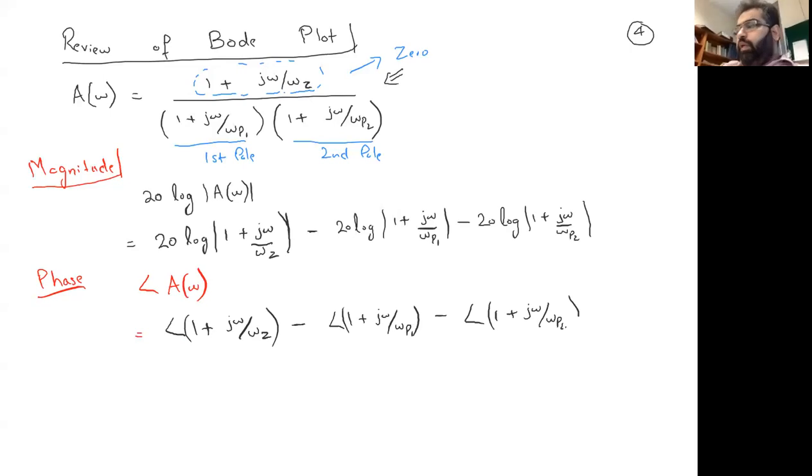Okay, so that's what we can easily write. That's the overall Bode plot expression which we normally use, and then we need to just do the approximate plotting. So the first thing is that we need to write the magnitude and the phase plot, and more than half the job is done.